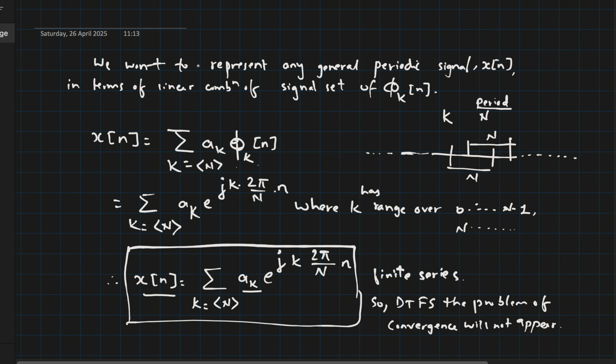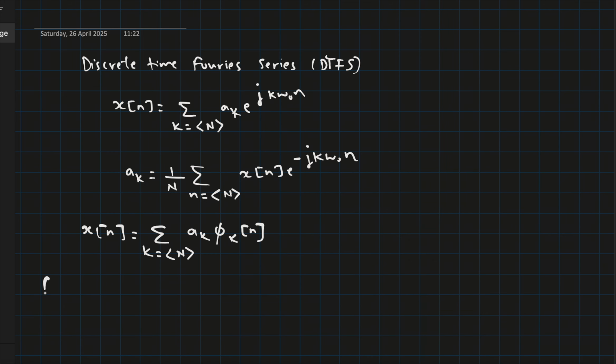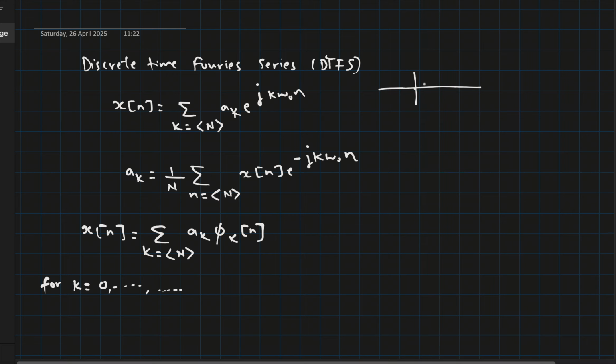We want to represent any general periodic signal in terms of a linear combination of the set of phi k of n. For a periodic signal in discrete time, if the period is N equals 4, with k from 0 to 3, then for period 5 this will be the same value again. It will be repeated.